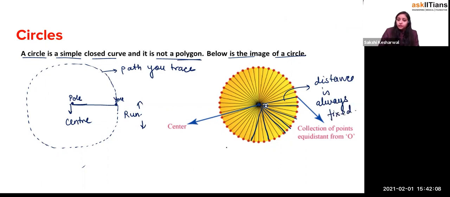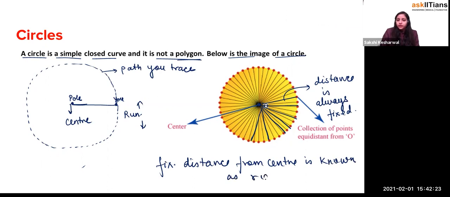Now this fixed distance from the center is known as what, beta? Radius is always fixed. So in a circle, how many radii can you have? You can have infinite, meaning uncountable, number of radii, right?